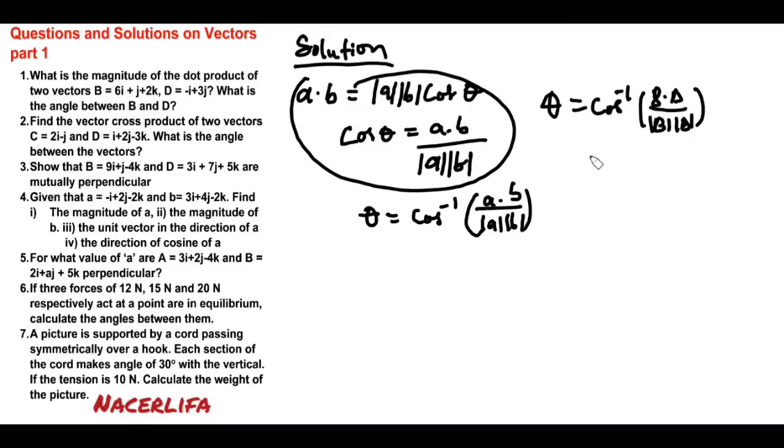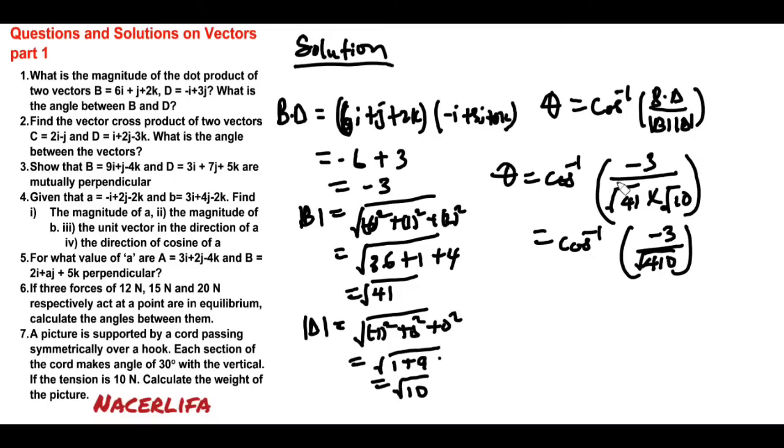So how do we go about this? We continue from our previous discussion. So this will be square root of 410. If we find the cos inverse of this, we'll be having 98.52 degrees. So this is the angle between B and D, and we found it using this relation.